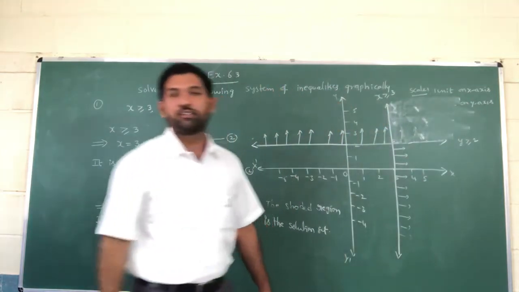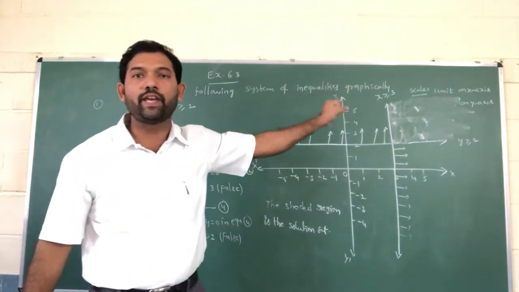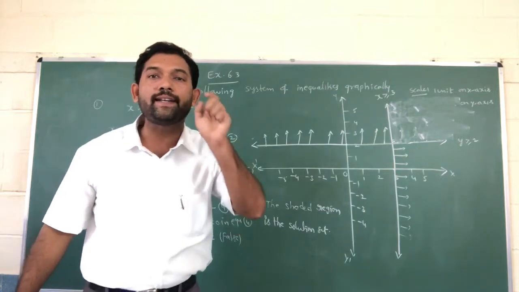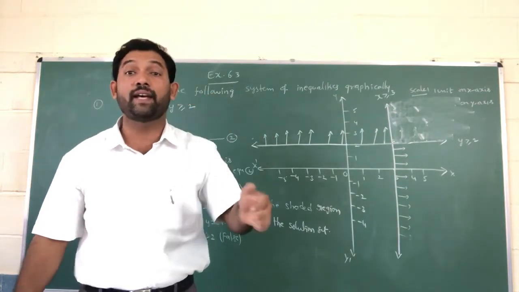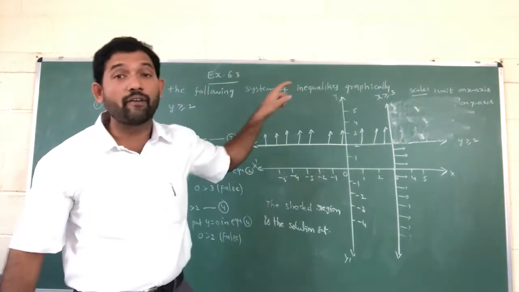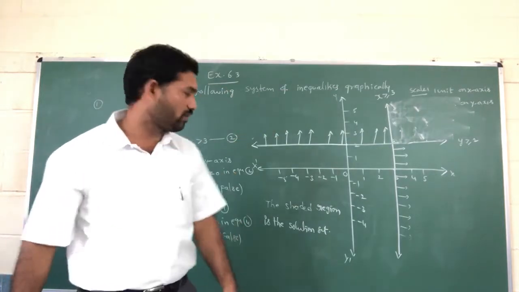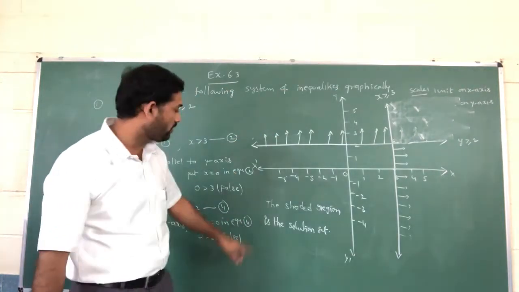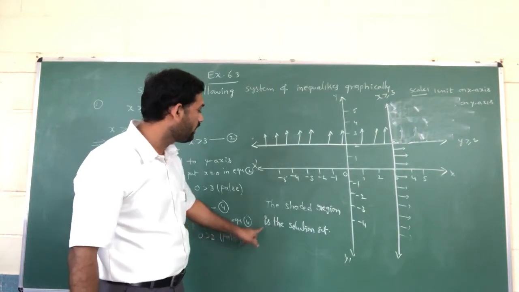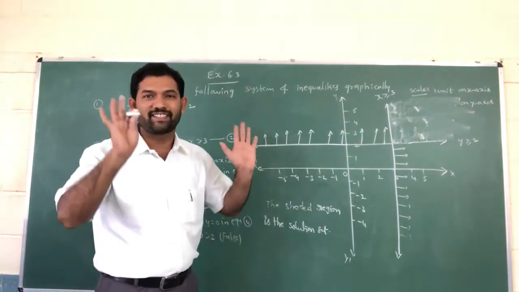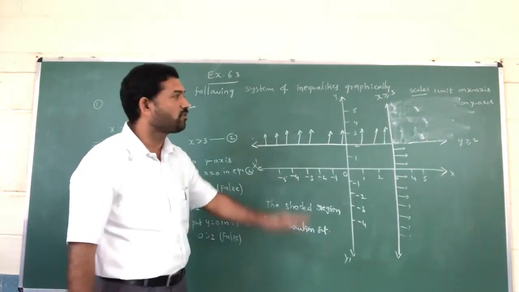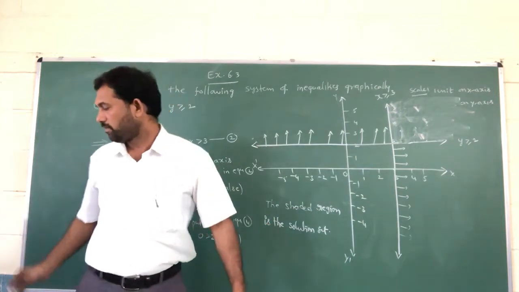That is our solution region. So where two graphs are intersected, where two inequalities are intersected, that is our solution. The last conclusion I have written: the shaded region is the solution set. Note down fast.